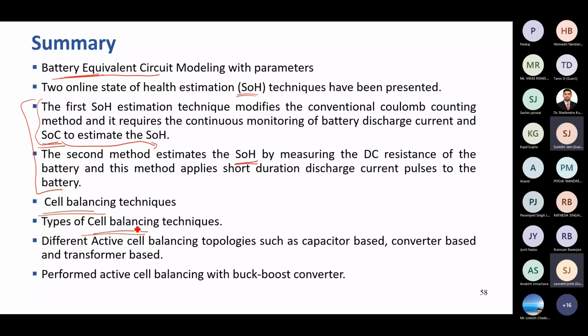Different methods have been discussed, and finally we have tested what we are actually doing in our laboratory with a buck boost converter topology, which is a modified method of the conventional buck boost converter to balance the battery cells.